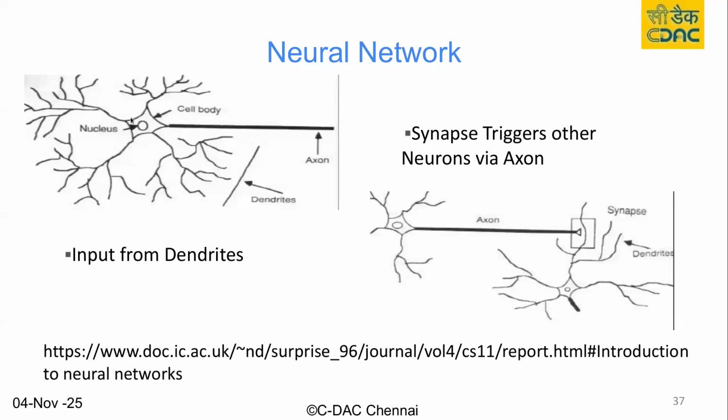These are the neurons in the human brain, which have a nucleus and cell body as well as axons. Axons connect one neuron to another neighboring neuron via a synapse. Basically it works by electrical signals. If I pinch your hand, how do you feel the pain?